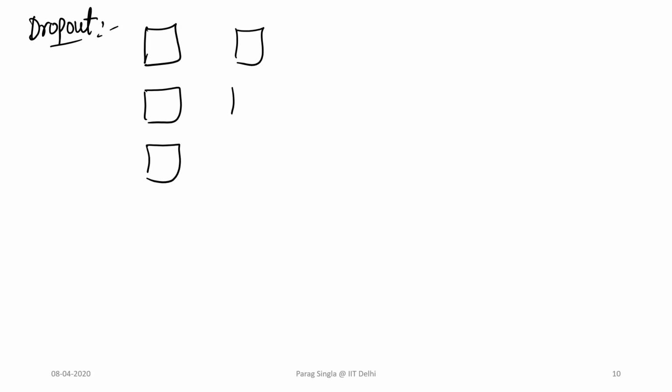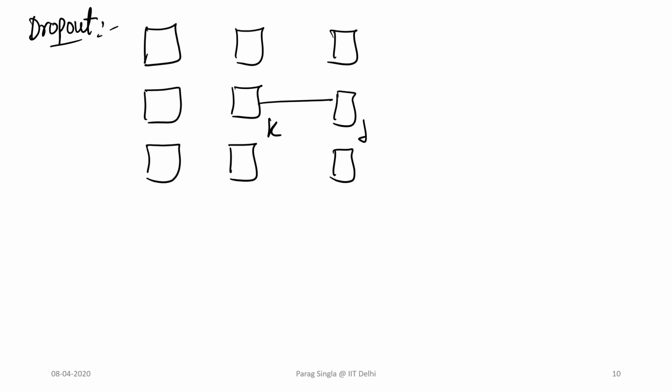So one very important detail, which I should have mentioned in the previous slide about dropouts, is a quick remark here. Suppose you are going from unit k to j; this is theta jk.